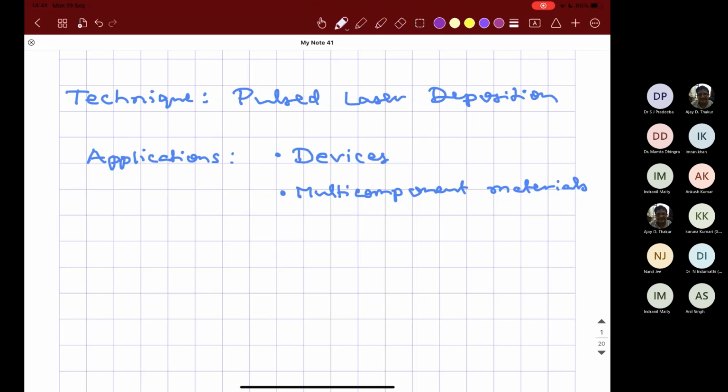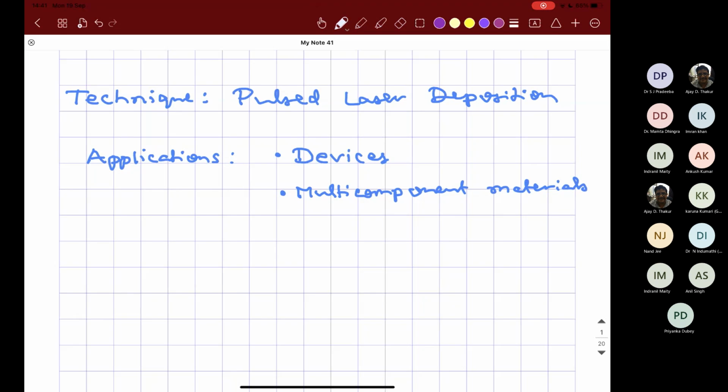Techniques like evaporation, sputtering or molecular beam epitaxy are most suitable for single component, two component, maybe at most three component materials, if you are really sure about maintaining stoichiometry and epitaxy. However, occasionally, by the demand of the physics, we require at least 4 to 5 components that together form a particular film.